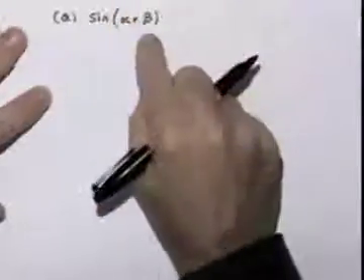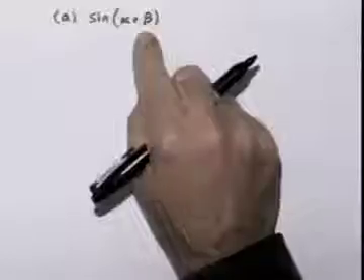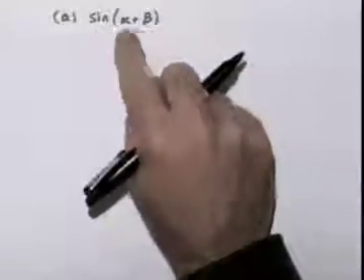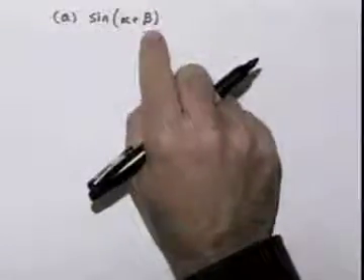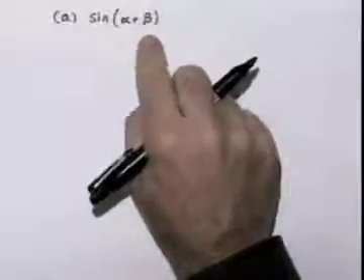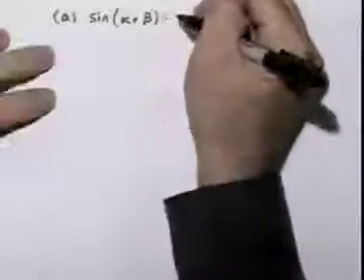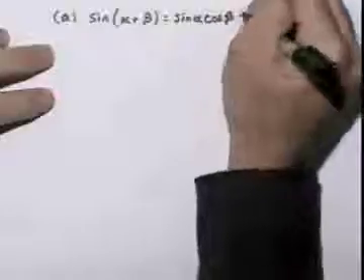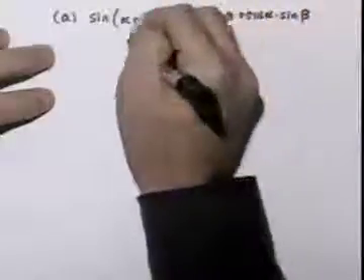My recommendation is this: when you're working these problems out as homework, write out what these formulas are equal to first each and every time, so that as you're working these problems out, you end up accidentally memorizing the formulas. So the sine of alpha plus beta is the sine of alpha times the cosine of beta, plus the cosine of alpha times the sine of beta.